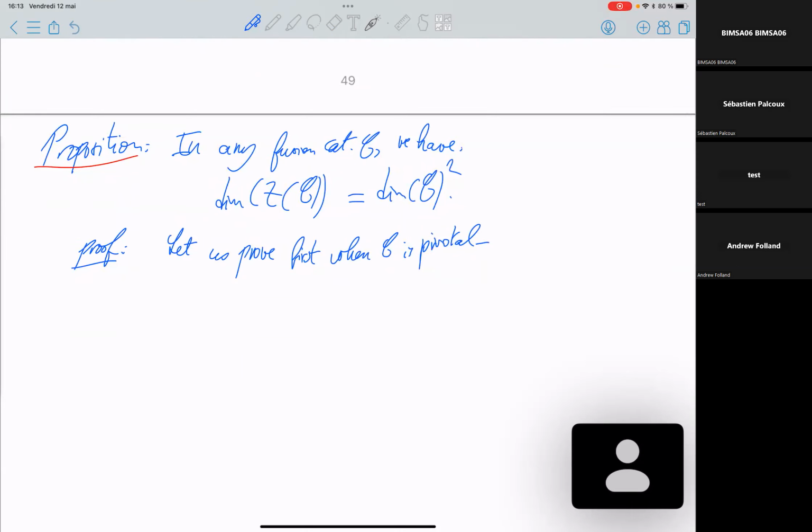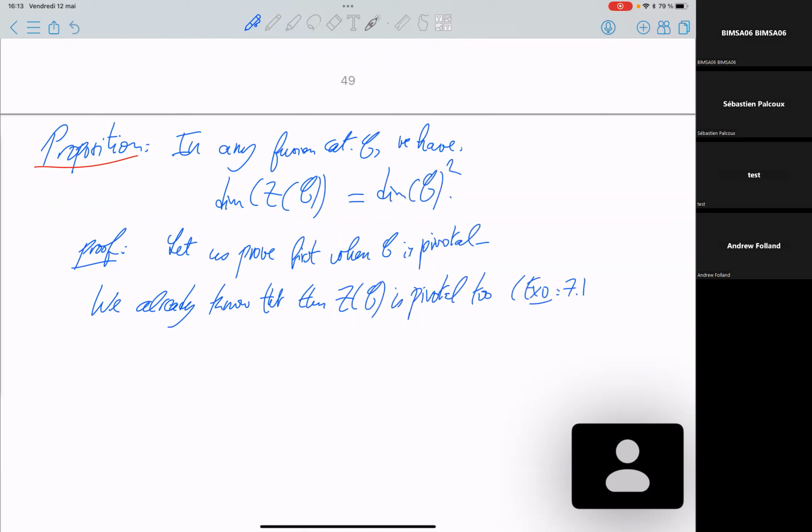So we already know that the center is also pivotal. We already know that then the center of C is pivotal too. It was stated in the exercise 7.13.6 in the book.